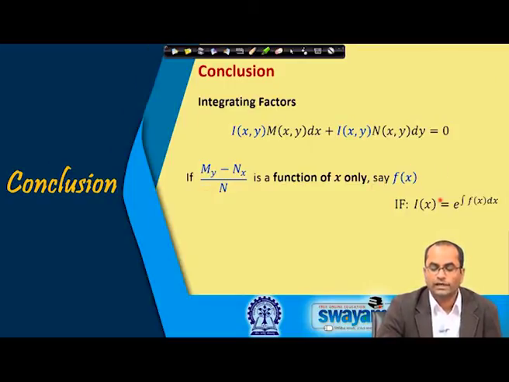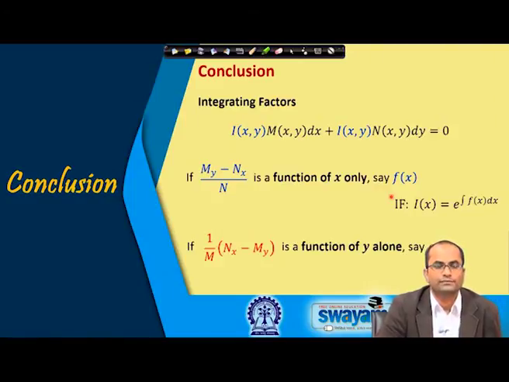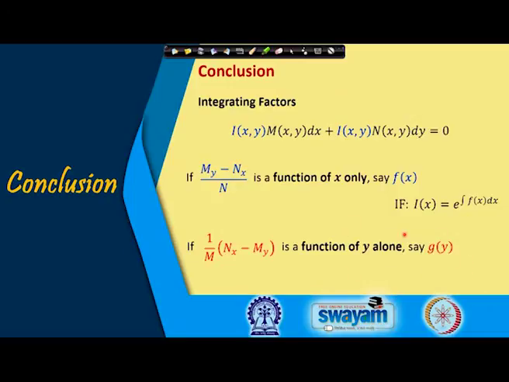Then we have derived that I(x) is equal to e power integral f(x) dx will be the integrating factor. And if it is a function of y alone, say g(y), then the integrating factor is I(y) equal to exponential of integral g(y) dy.